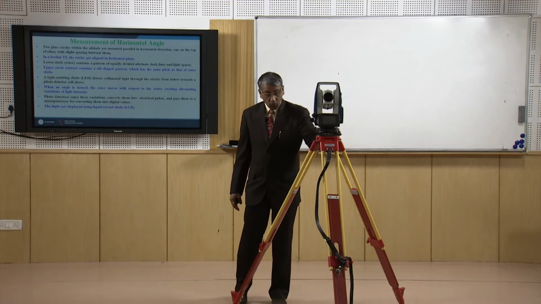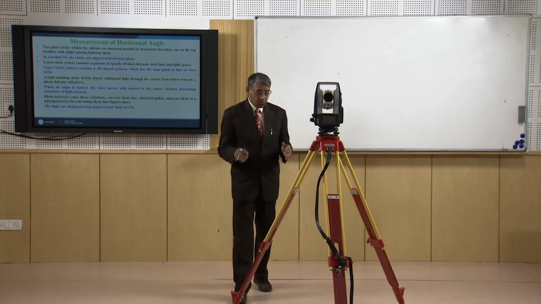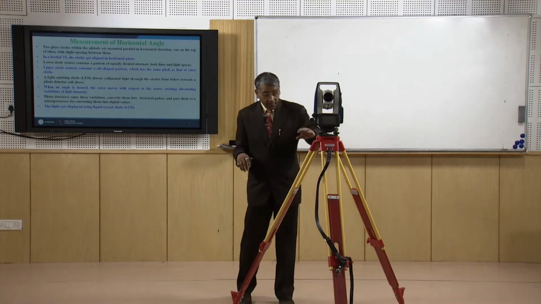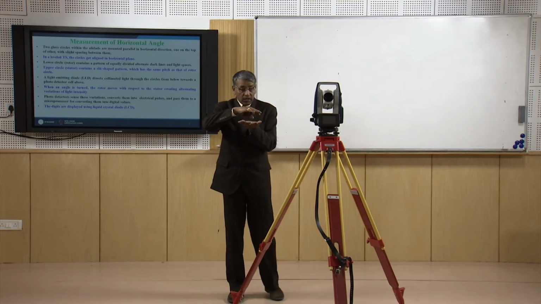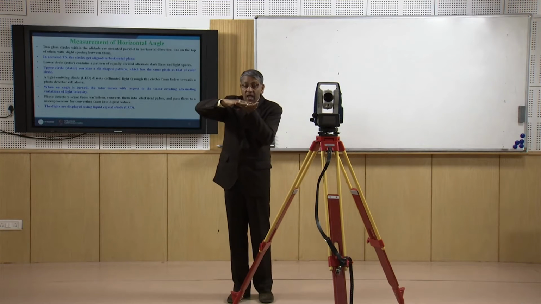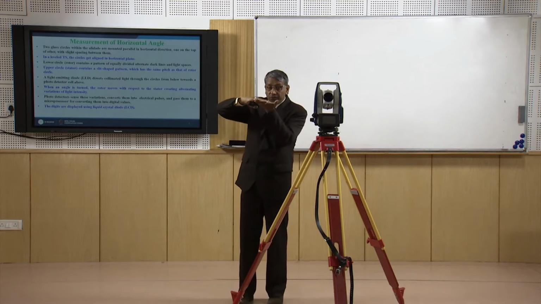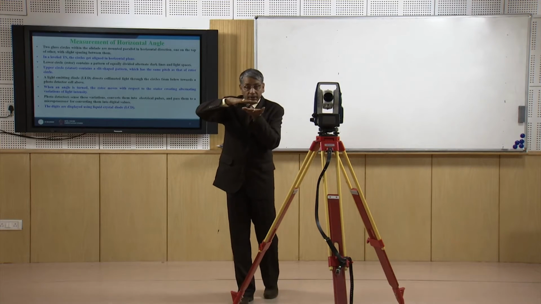So we need to make this instrument level, because horizontal angle is to be measured in a horizontal plane. Actually there are two circular plates, one placed above the other; the lower one rotates and the upper one remains static.